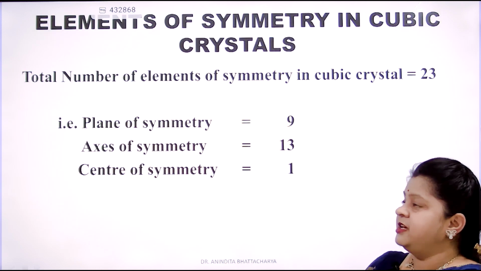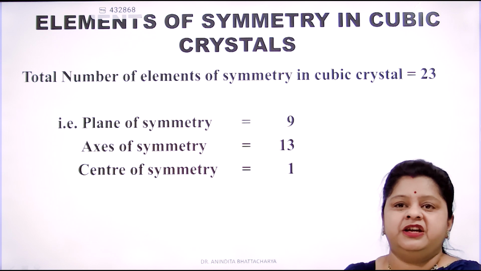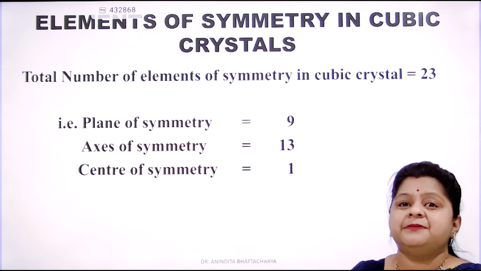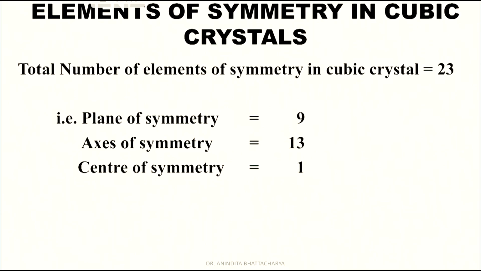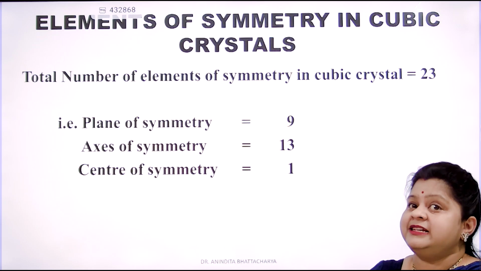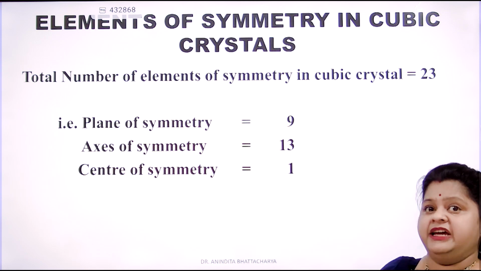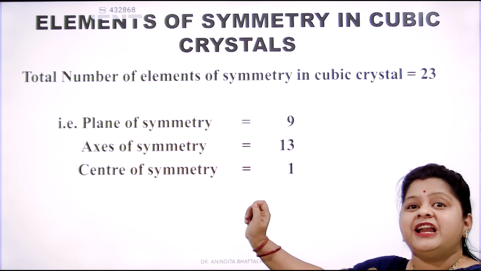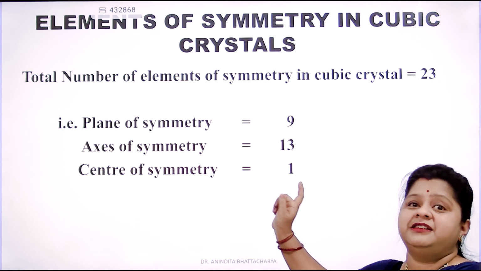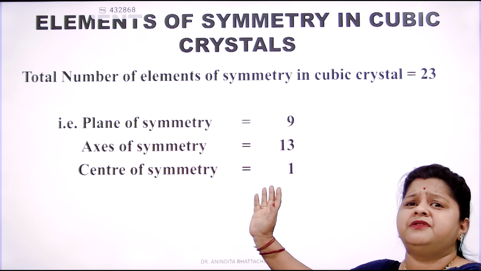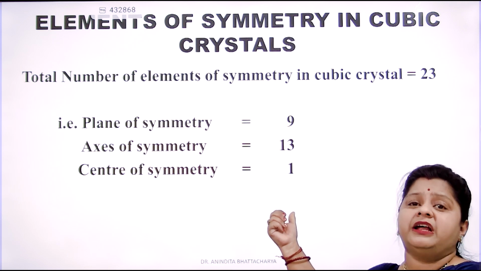Now next is, what are the elements of symmetry that are possessed in a simple cubic structure? We know a cube has all sides equal. So, planes of symmetry it will have 9. How many rotational axes will it have? 13. Center of symmetry, irrespective of whatever it is, will always be 1.